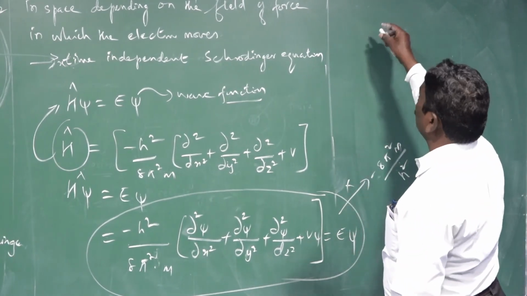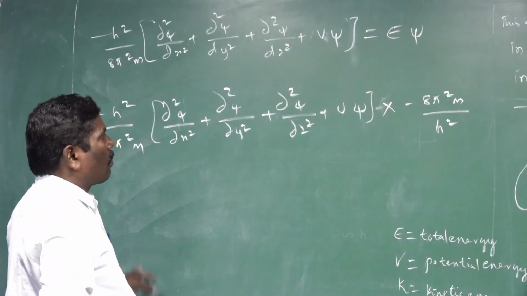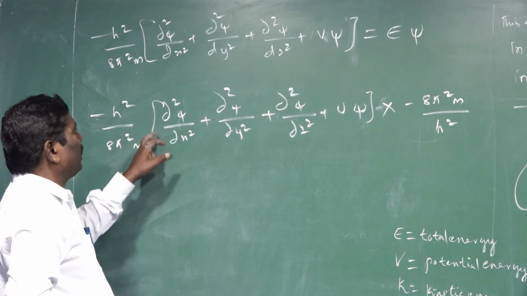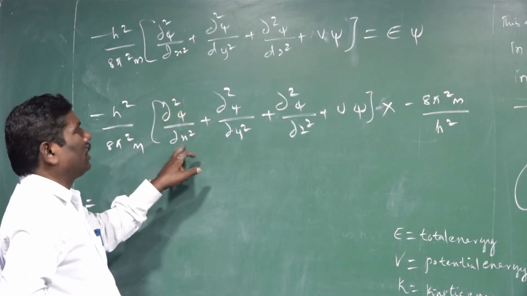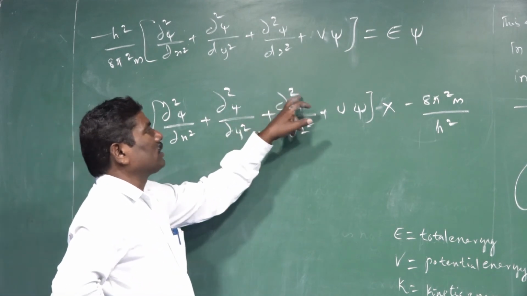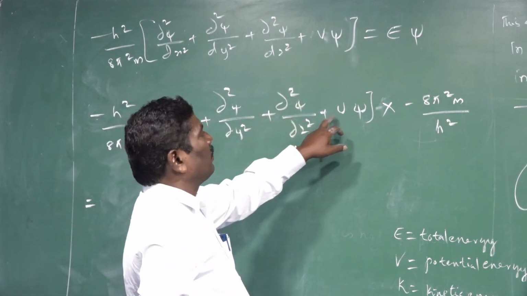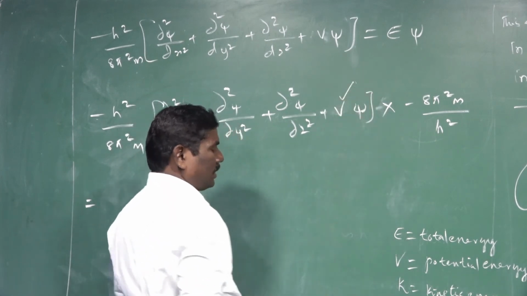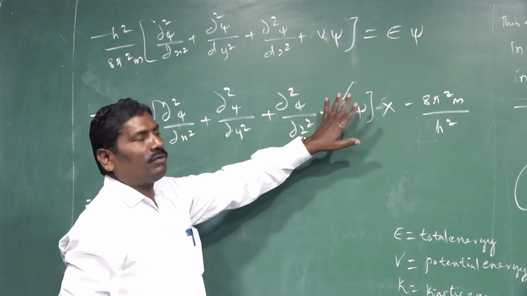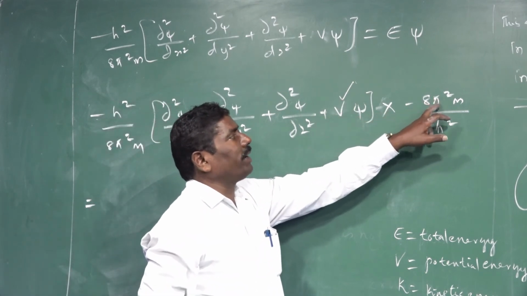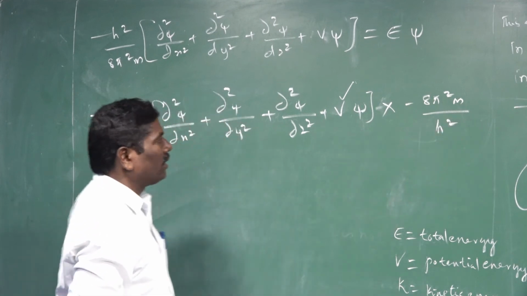That is the point you should understand: minus h square divided by 8 pi square m into del square psi by del x square plus del square psi by del y square plus del square psi by del z square plus V into psi. V is nothing but the potential energy of an electron, and this is multiplied by minus 8 pi square m divided by h square.